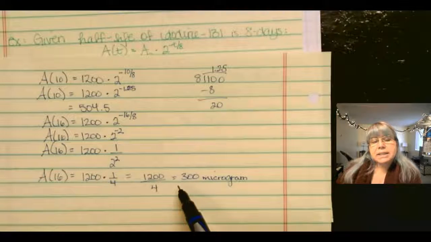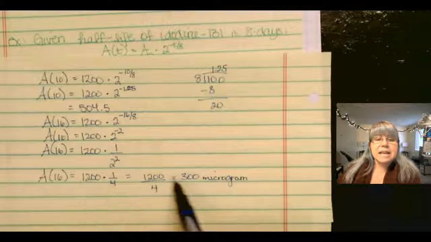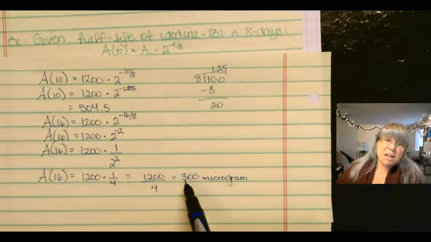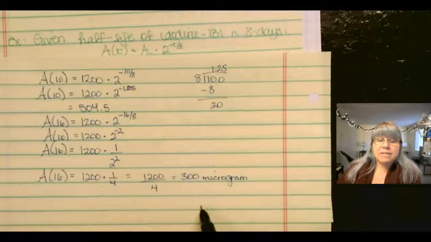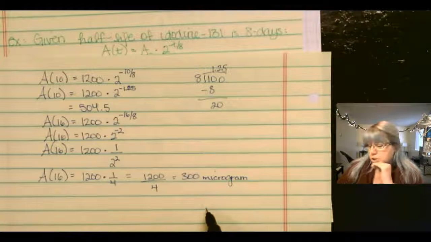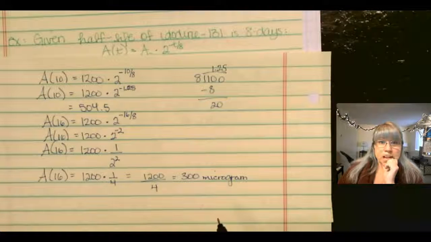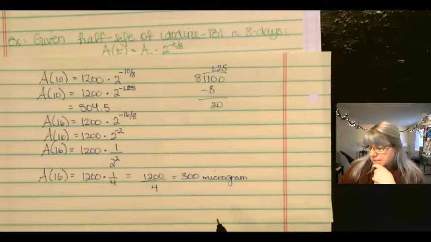We could probably expect that after another 6 days it has again been cut in half, and cut in half, and cut in half. So we're looking at maybe a month before it's completely out of the system. I'll leave that problem to you, to figure out how many days it would take for the entire amount to get out of the system.